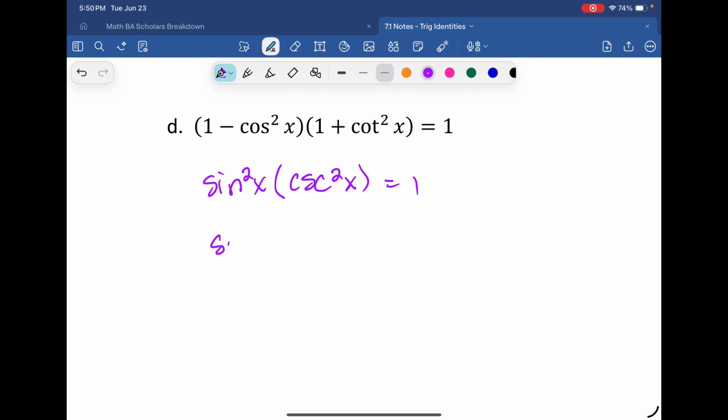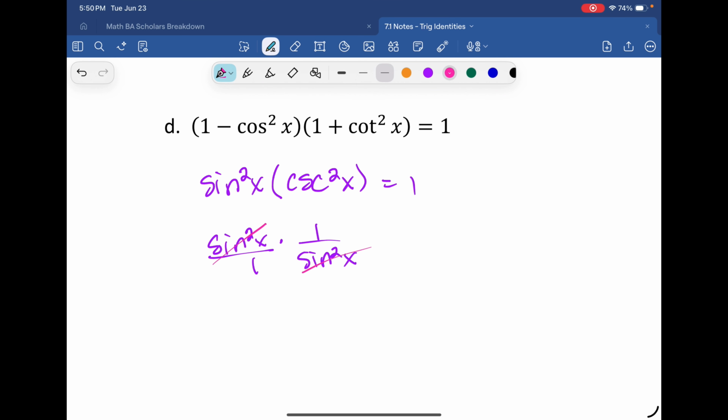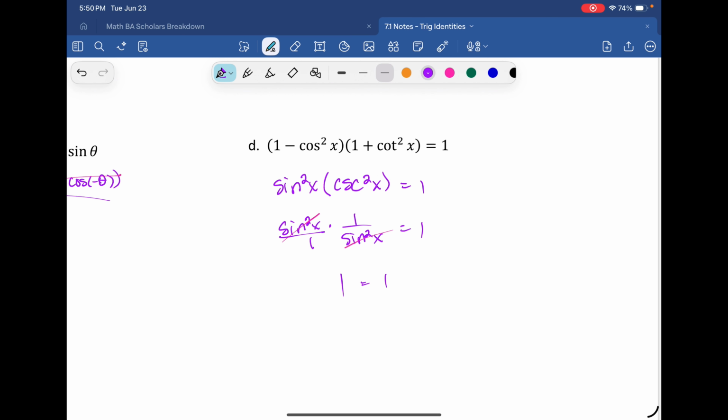Okay, well, cosecant squared is 1 over sine squared. Sine squared cancels sine squared, and you're left with 1. So we verified the identity.